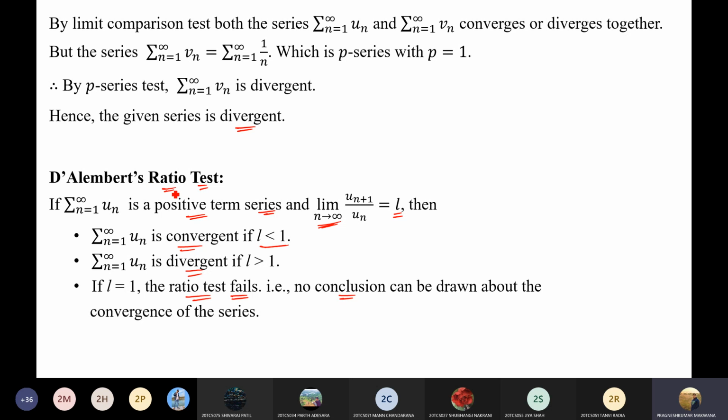So in this ratio test, the important thing is Un is given, and now we want to find Un plus 1. Suppose Un is n square plus 1 upon n cube plus n. Then what is Un plus 1 here?